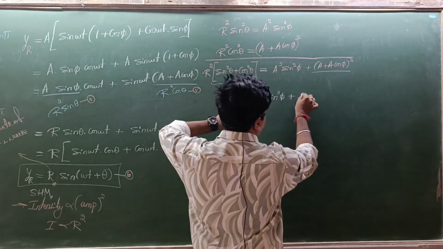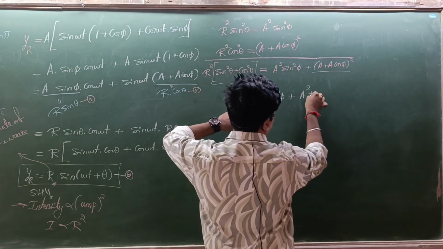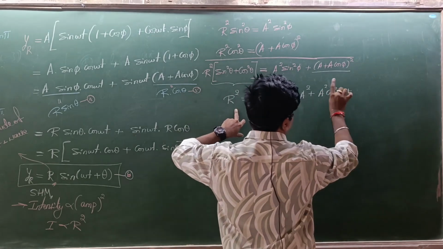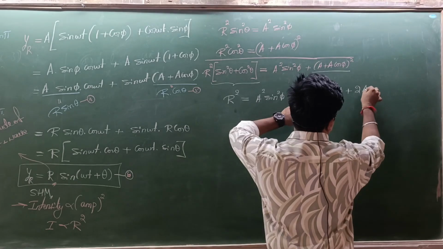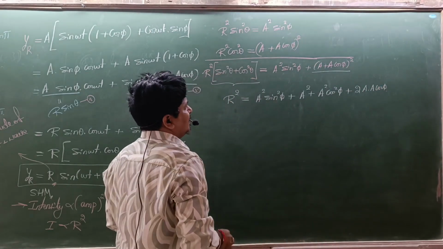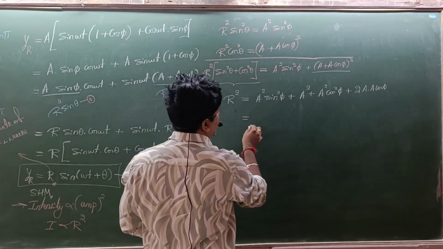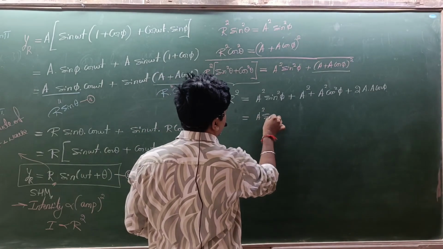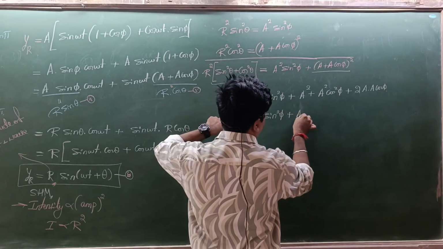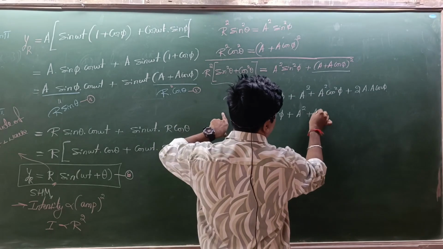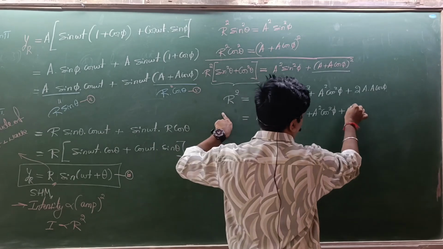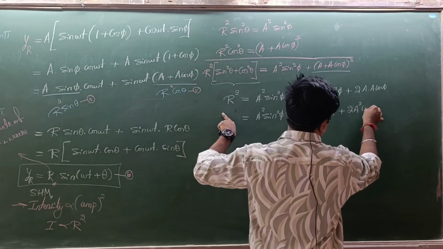So expanding this, it is A square sin square phi plus A square plus A square cos square phi plus 2A square cos phi.